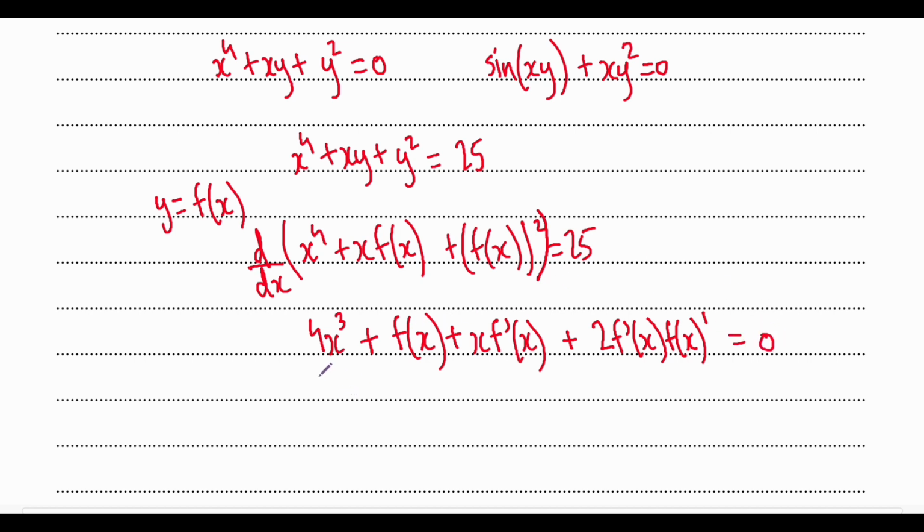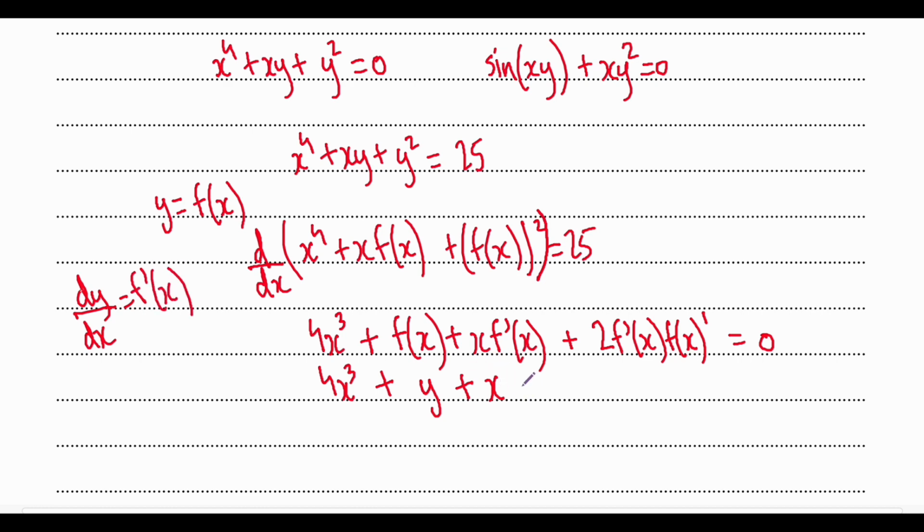So that's done. Now you have 4x cubed plus, what's f of x? f of x is equal to y, right? So you have 4x cubed plus y plus x times, what's f prime of x? Well, if y is equal to f of x, then dy by dx is equal to f prime of x. Remember, this is just notation. This is all the exact same thing.